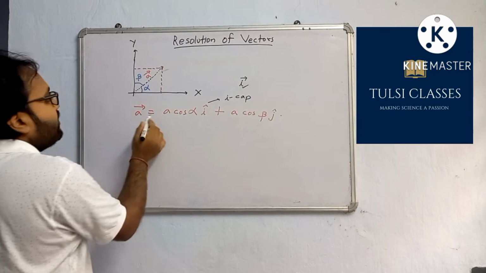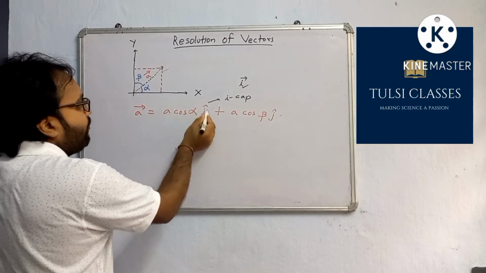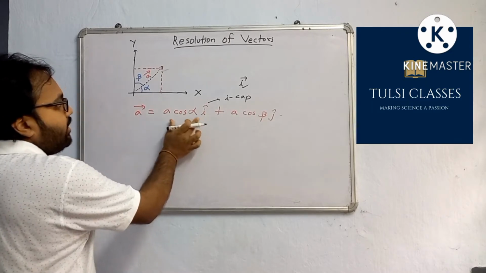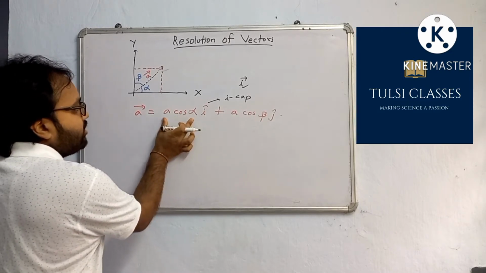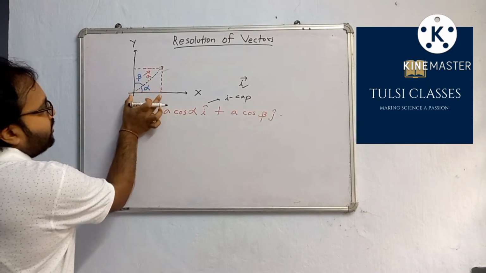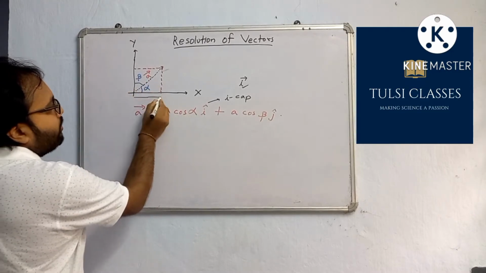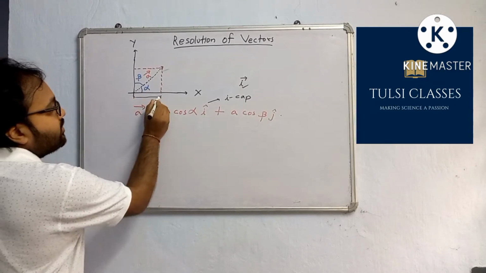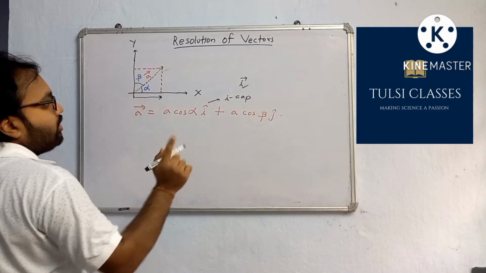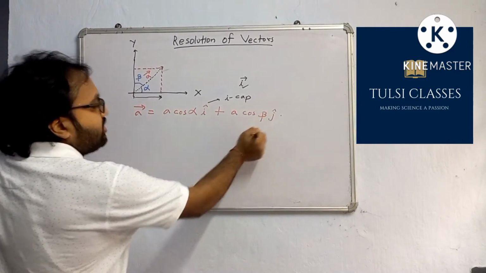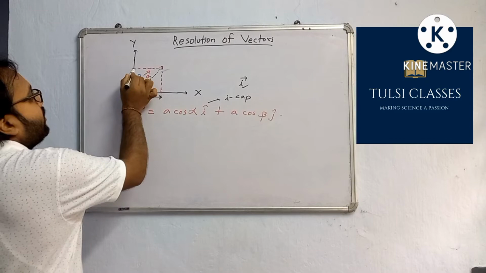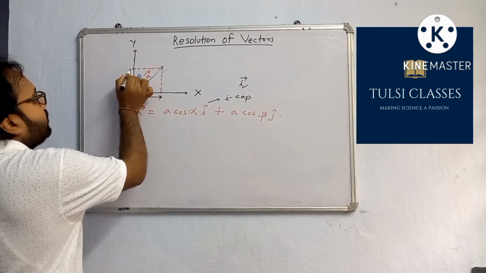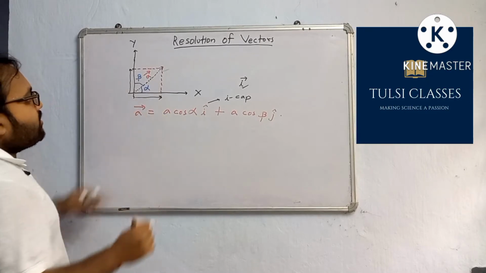So the vector A is A cos alpha I cap. That means in the positive x direction, the magnitude will be A cos alpha, this value from here to here. Another vector is A cos beta, along the y direction.